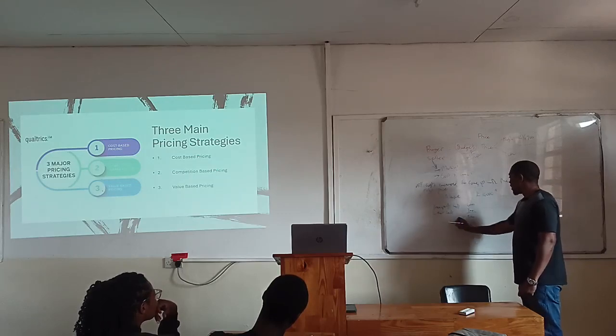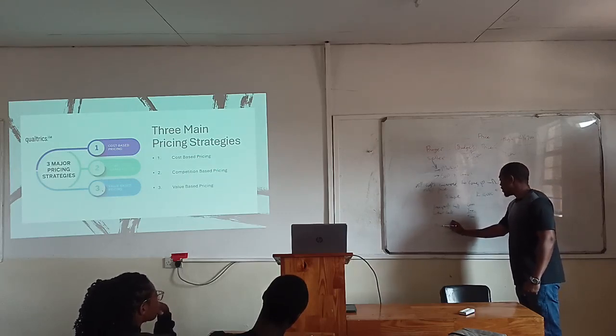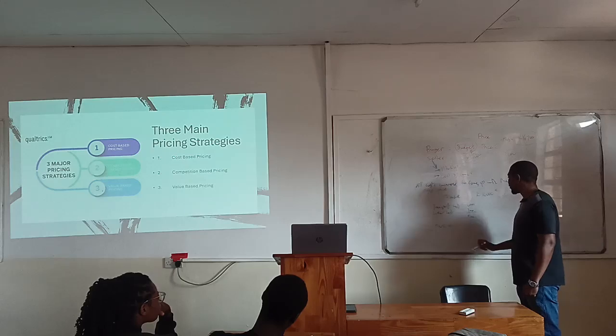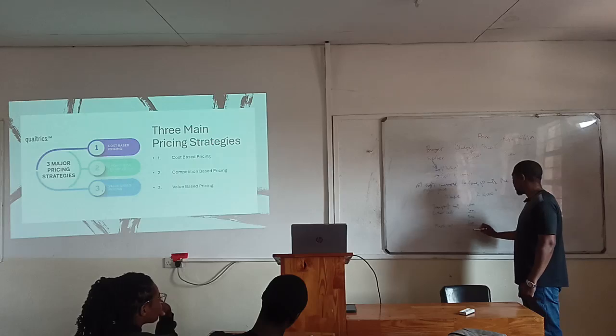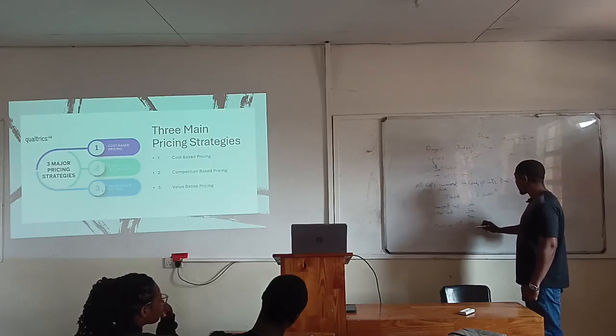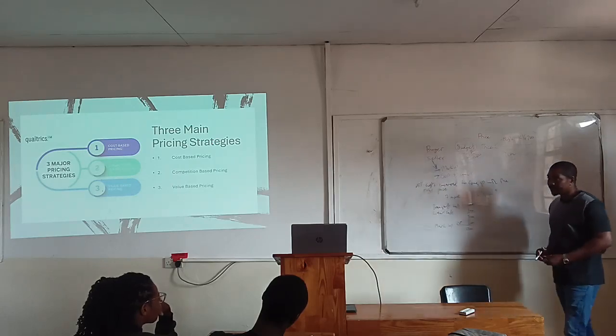Okay. And then you put your markup. This is almost half, 50%. So for you to arrive at that, you're going to say 5,000 again. That's 50%. Okay.